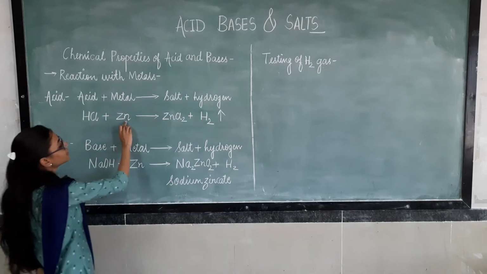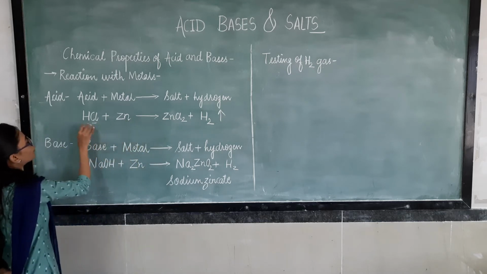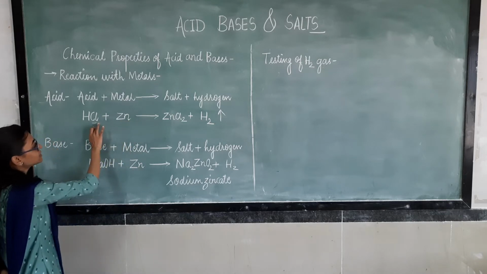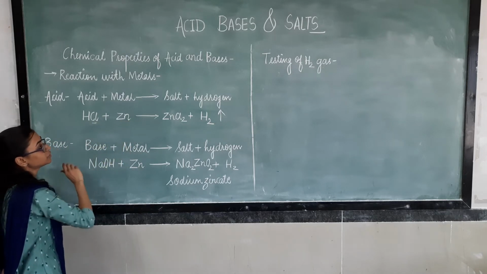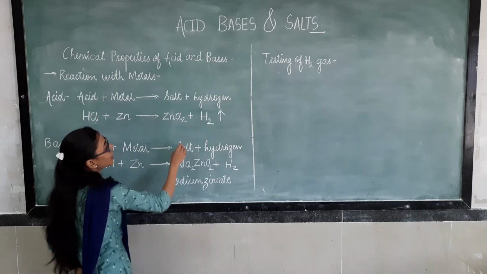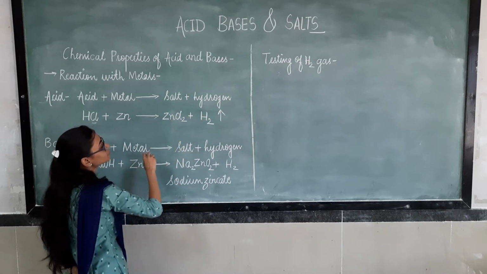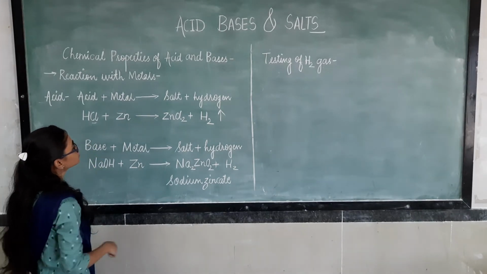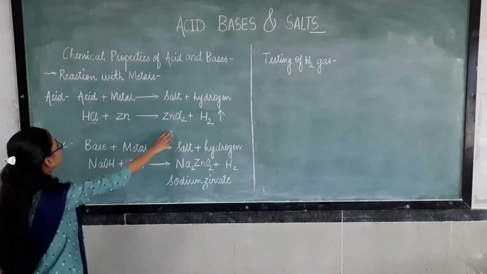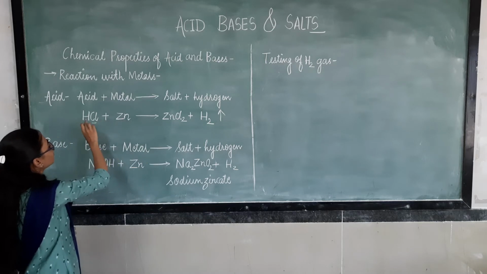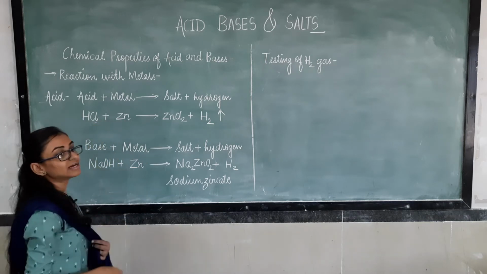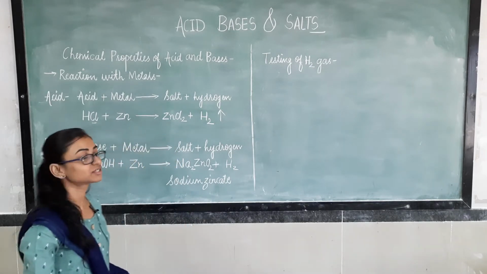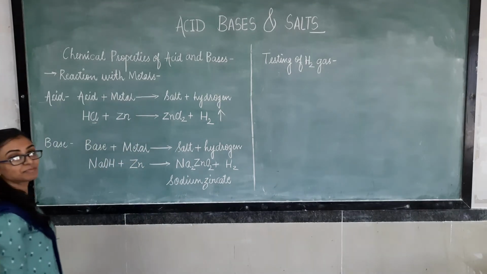This Zn displaces Cl from this HCl, right? Zinc is displacing the chloride from this HCl solution. So here a salt is produced, and the name of this salt is zinc chloride. Chlorine is displaced by Zn from HCl. So here displacement is going on, and thus this reaction is also said to be a displacement reaction.